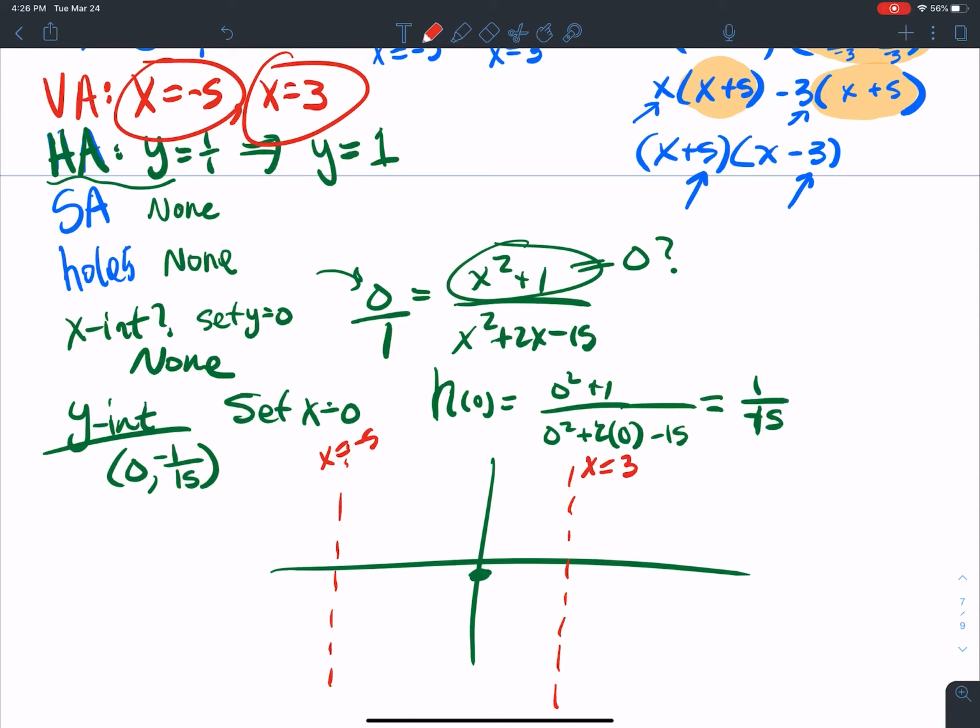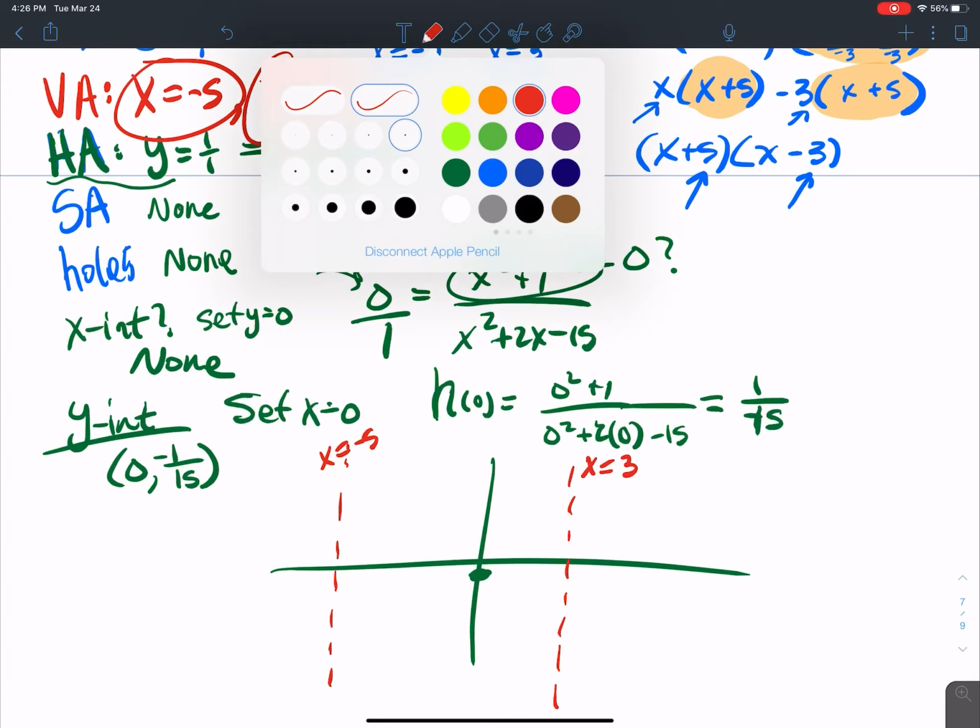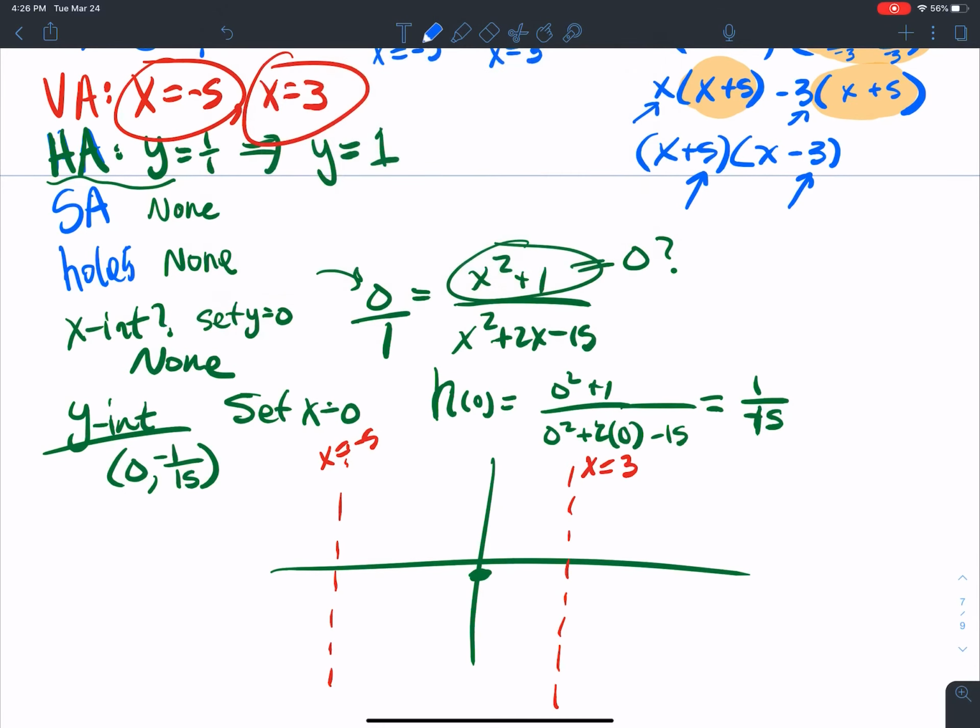X equals 3. Okay, horizontal asymptote, y equals 1. So maybe something like this.